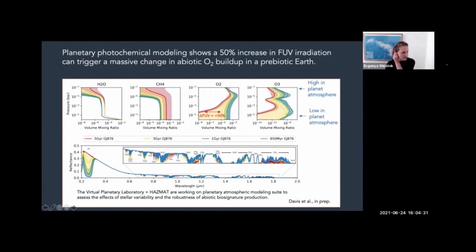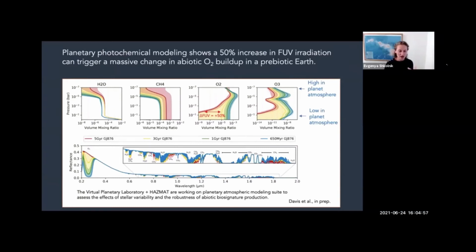Again, this is by Evan Davis and collaborators from VPL, where what we're showing here is these spaghetti plots, right? So the volume mixing ratios of key molecules of interest for biosignature work, right? And how they are changed, not because the planet itself has changed intrinsically due to any outgassing or anything like that, but rather because of the stellar emission.